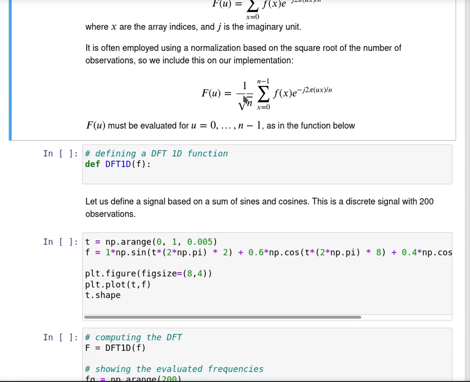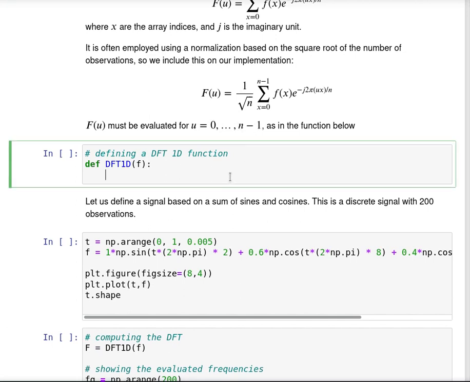After we compute everything, we divide by the square root of n, and then we have an amplitude of the numbers that are normalized. And F of u must be evaluated for u equal to 0, that's the first frequency, 1, 2, 3, 4, and up until n minus 1. So I'm going to consider that the function has a number of frequencies that is the same as the number of elements in the vector.